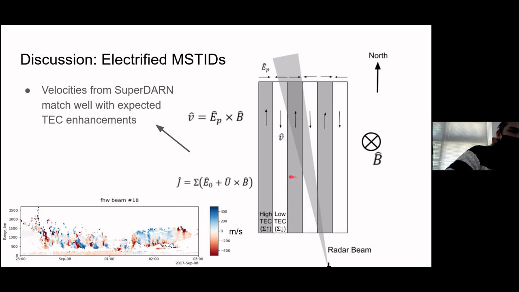And so what this means is there's going to be an induced polarization electric field in the direction parallel to the direction of TID propagation to compensate for this changing conductivity term, because we don't want J to change. So there will be an induced electric field. In the case that there's a high TEC, you'll get a polarization electric field in a different direction to the background.